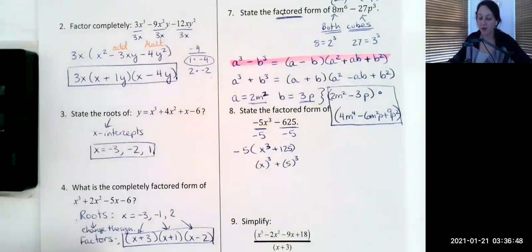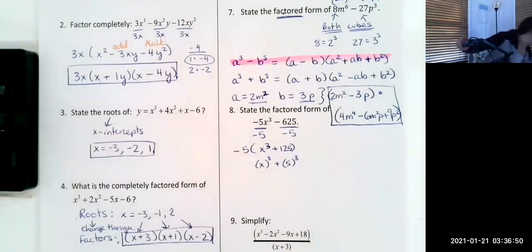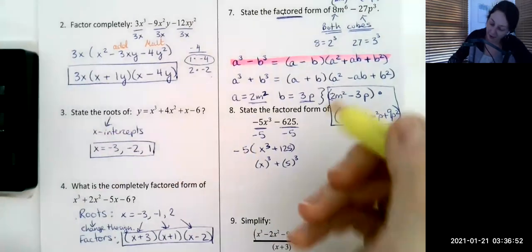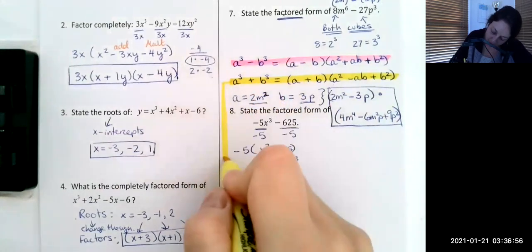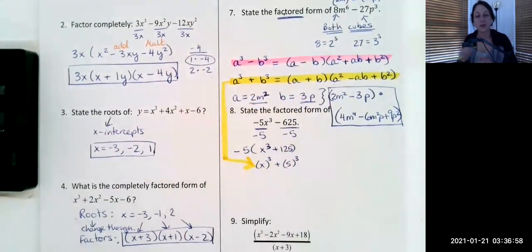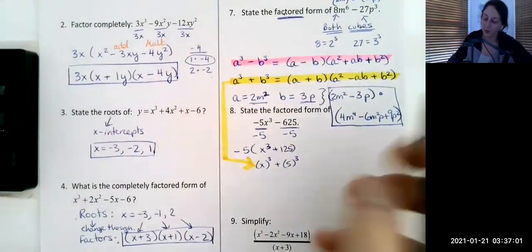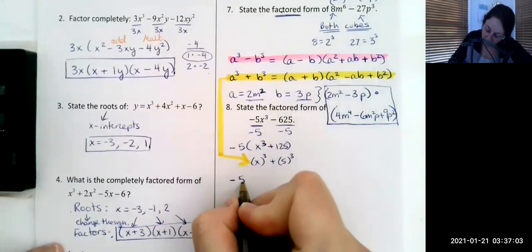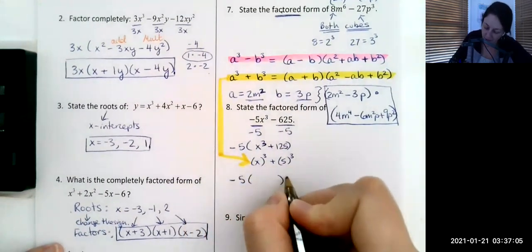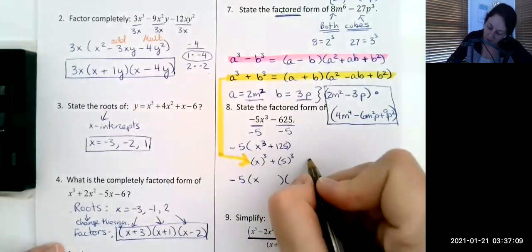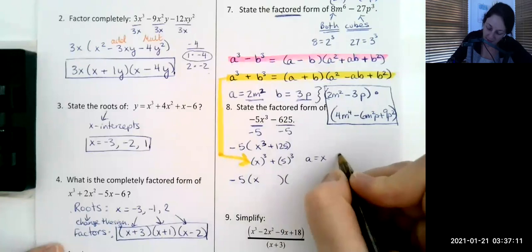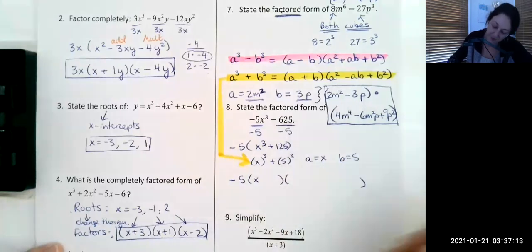So for number 8, we are going to be following the second pattern, the positive pattern, which means we'll have -5, the GCF, still on the outside. A is x, and b is 5.